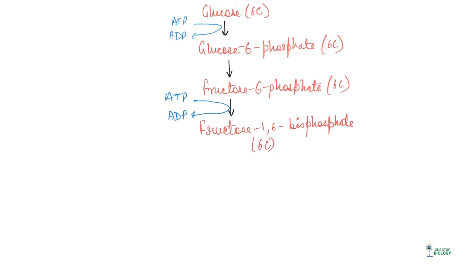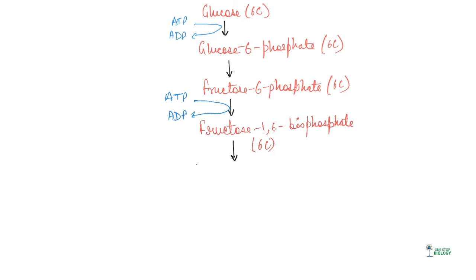Now what happens? This fructose 1,6 bisphosphate splits into phosphoglyceraldehyde and dihydroxyacetone phosphate. So after this step, you will see a split into glyceraldehyde 3 phosphate and dihydroxyacetone phosphate.